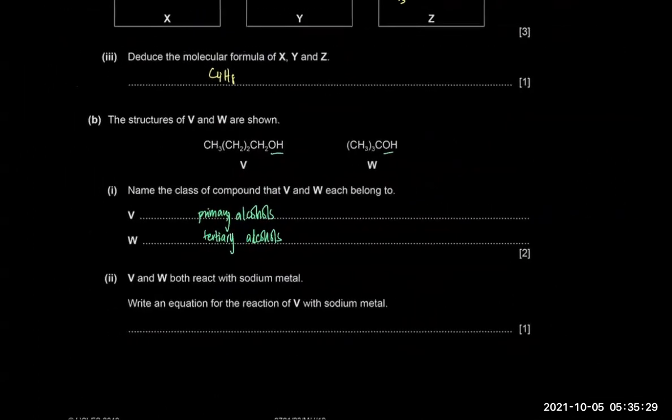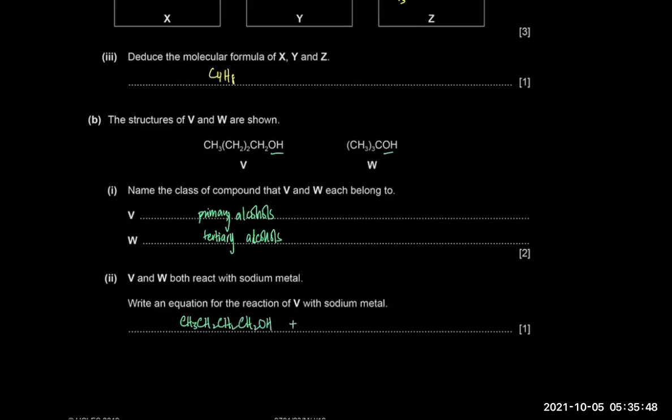V and W both react with sodium metal. Write an equation for the reaction of V with sodium metal. So we have CH3CH2CH2CH2OH, right?